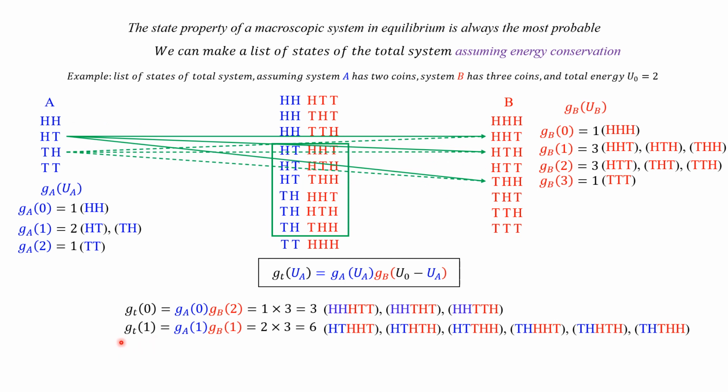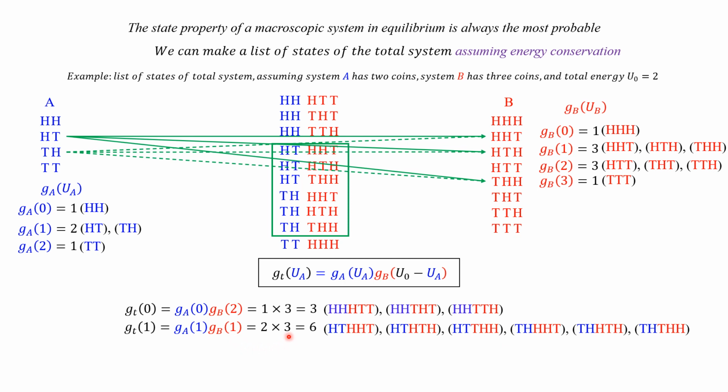Now let's check the number of states of the total system where system A has 1 unit of energy. First we ask how many states of system A have 1 unit of energy. The answer now is 2, these 2 states. And now we ask how many states of system B can combine with each one of these 2 states. The answer is the number of states of system B having 1 unit of energy, having the complementary energy.